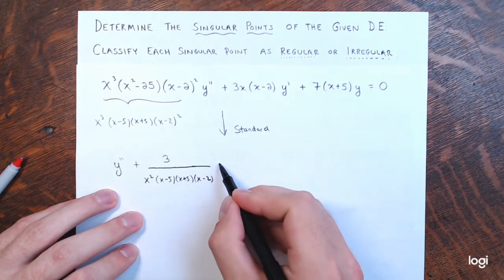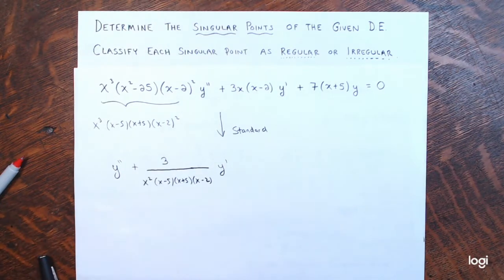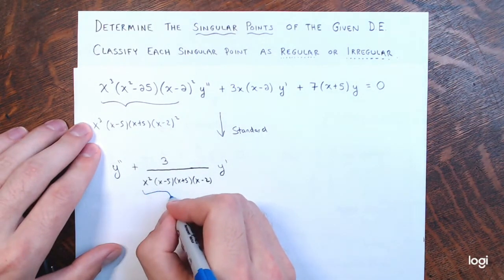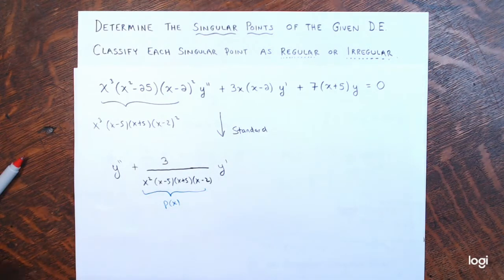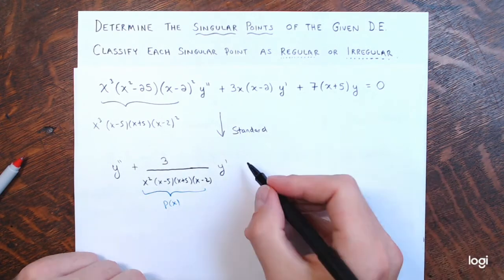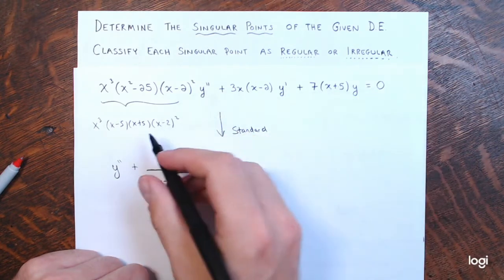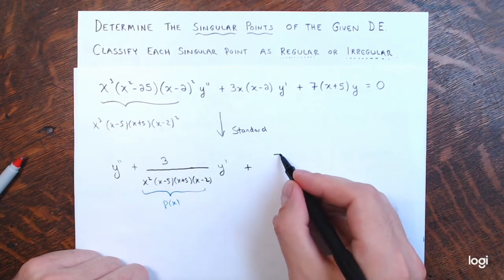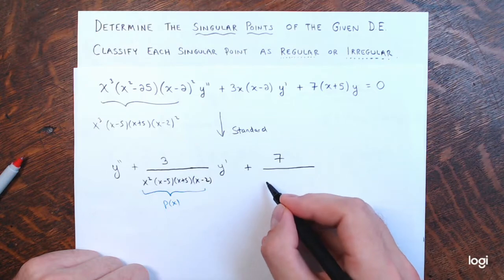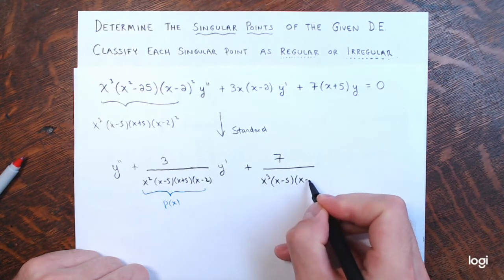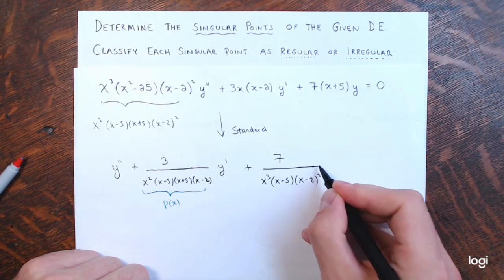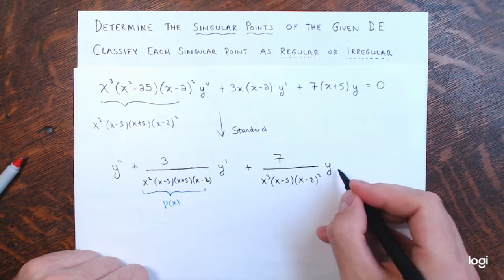Alright, so there's the p of x, the capital P. And then here, just the x minus 5's would cancel, so plus 7 over x cubed times x minus 5 times x minus 2 squared, times y equals 0.